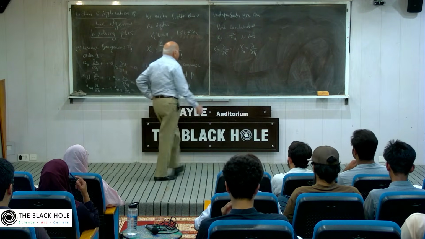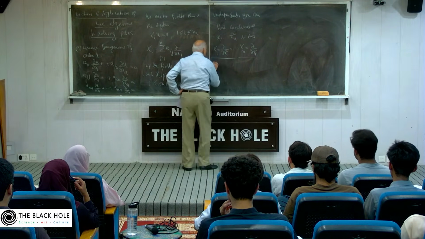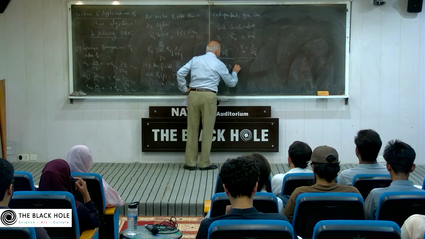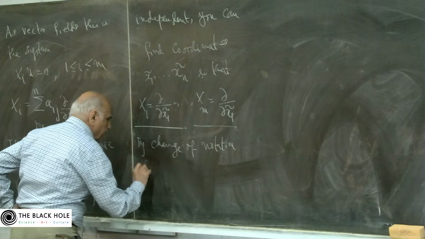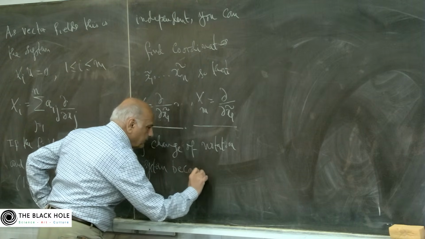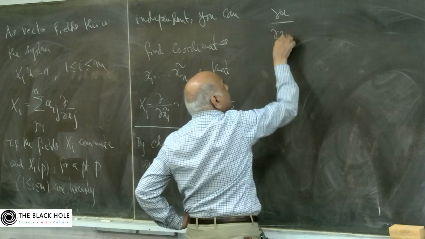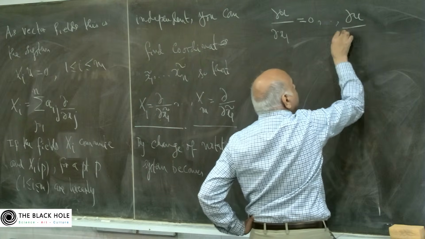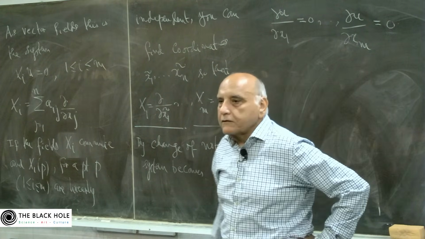Okay, let me write it again. So by change of notations, the system becomes partial u by partial x1 is equal to 0 and partial u by partial xm is equal to 0. What is the solution of this equation?